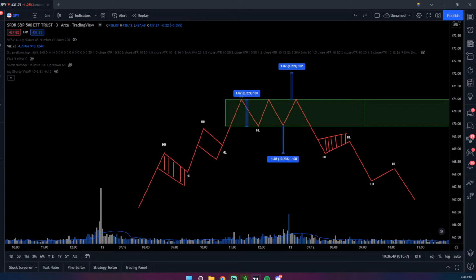There's not too many fake outs and a little bit less noise than watching 1-minute candles. When I've entered a trade, I will sometimes drill down to a 1-minute chart so I can watch the candles more closely. But generally, I would say 95, 98% of the time I'm on a 3-minute time frame.